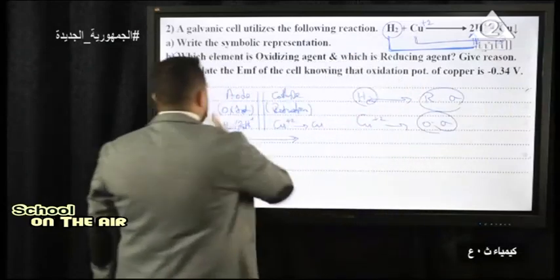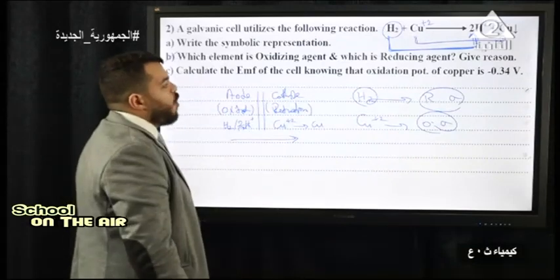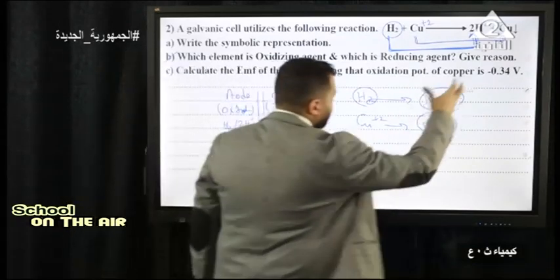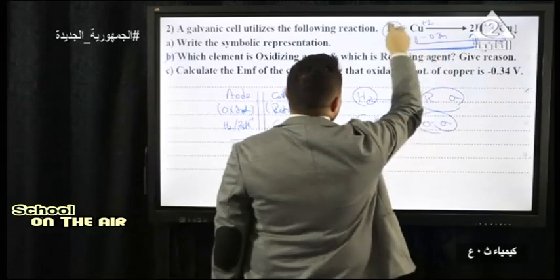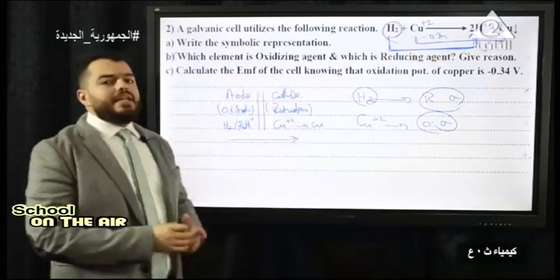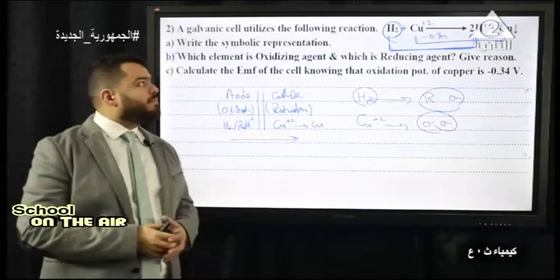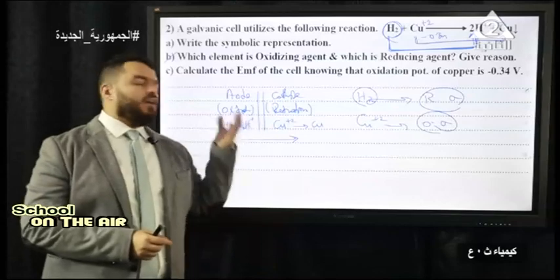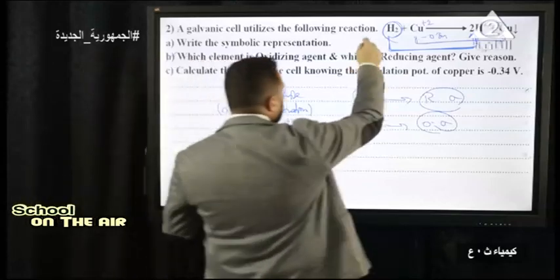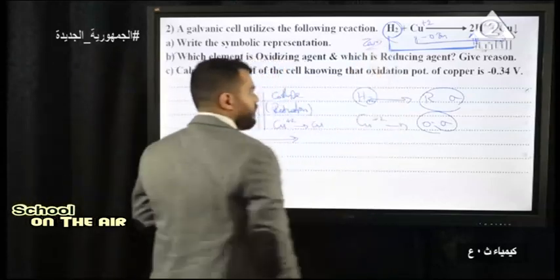Okay? Calculate the EMF of the cell knowing that the oxidation potential of the copper is negative 0.34. Why didn't he give us the oxidation potential of hydrogen? Because you know that the standard hydrogen electrode is equal to 0.